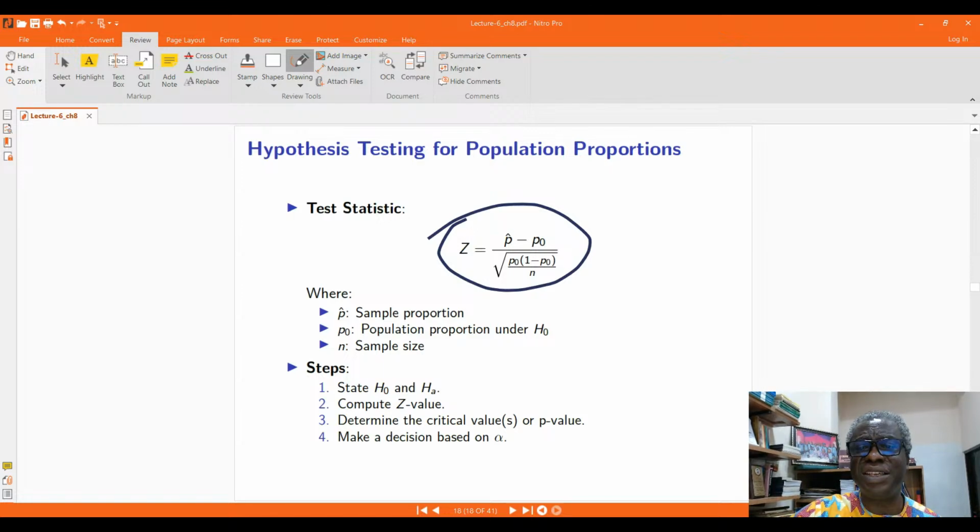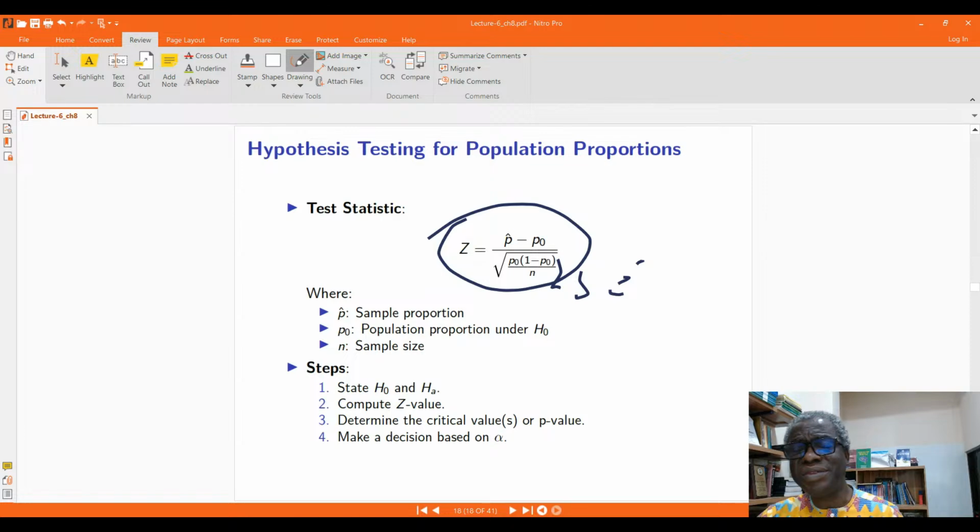This expression is the standard error for the sampling distribution of the sample proportion.